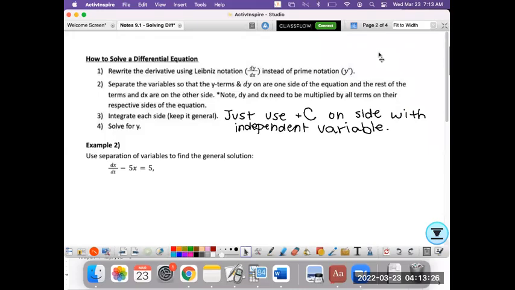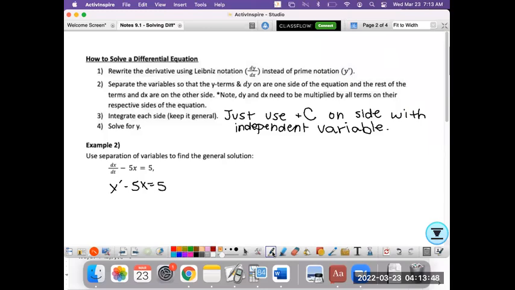That's all right. So getting started here, we already have the derivative rewritten in Leibniz notation. The derivative is dx dt. So if we had to rewrite that, it would have originally been x prime minus 5x equals 5.